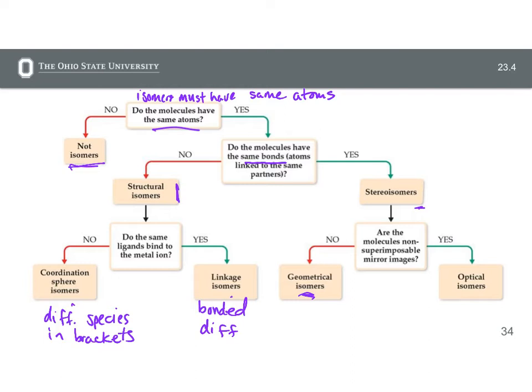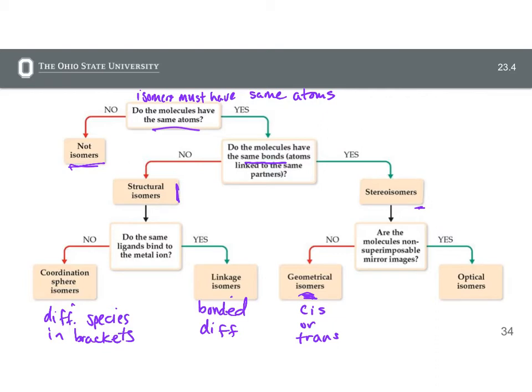Okay, if we have stereoisomers, our geometrical isomers are going to be cis or trans, which I think should be pretty clear. The optical isomers are a little bit more challenging. If you can make a mirror image of this molecule, it might be a little bit challenging to imagine without having practiced this.